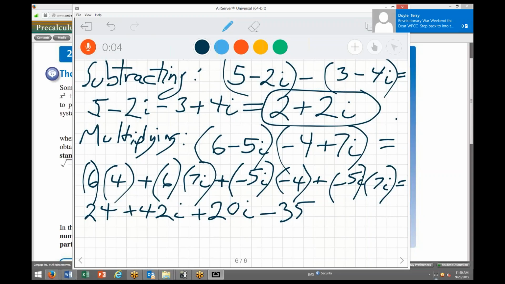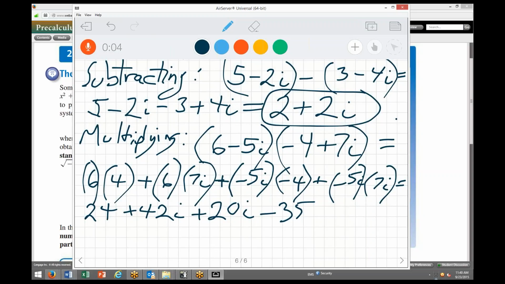This becomes 24 plus, let's see, the 42i and the 20i is 62i. And now we have minus 35 times i squared, which is actually negative 1.